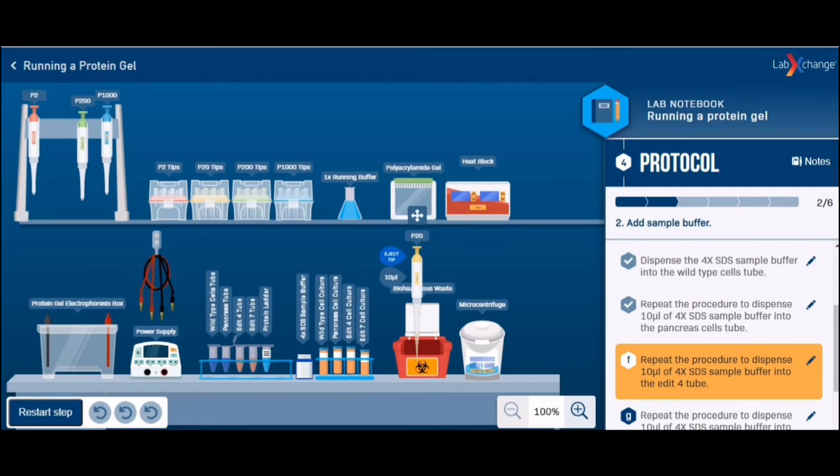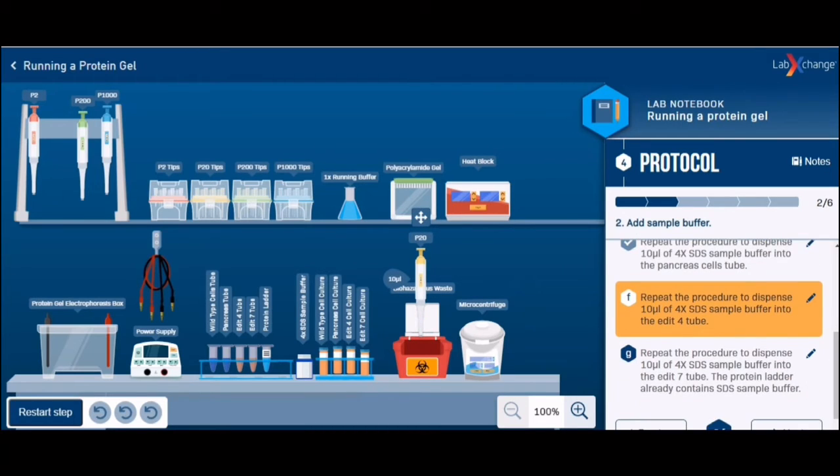After that, we will repeat the procedure to dispense 10 µL of 4 times SDS sample buffer into the edit 4 tube. And next, we will do the same thing for the edit 7 tube.